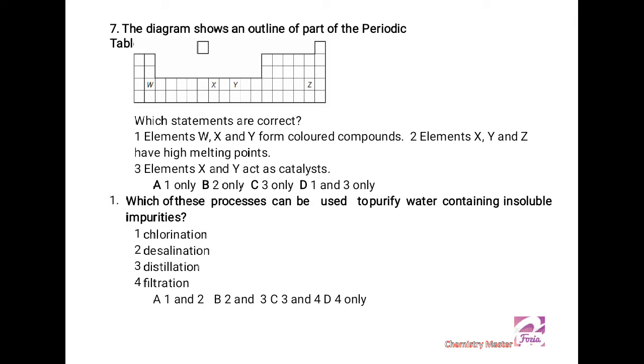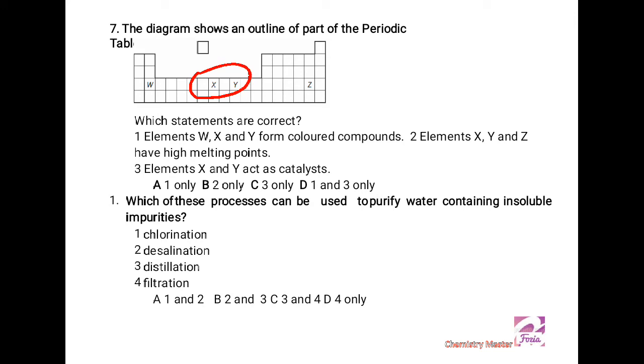Second option is element X, Y and Z have high melting points. We can think of it also. Third, element X and Y act as a catalyst. Yes, it is sensible that these are present in the D block of the periodic table, so they must be transition elements used as a catalyst.